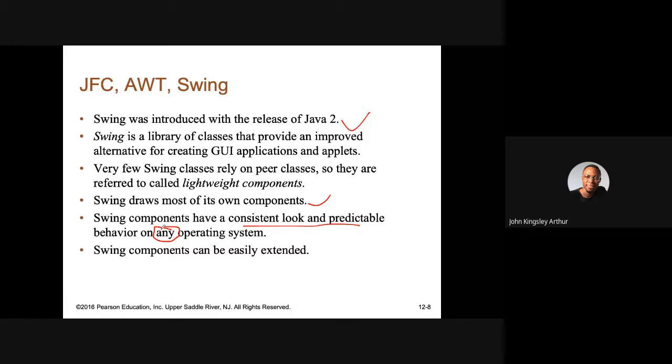So it is more of an advantage doing development relying on components from Swing than the AWT. And then the very last thing, the Swing component can be easily what? Extended. And that is a happy moment for every developer, where you can extend attributes. It makes your development much easier.